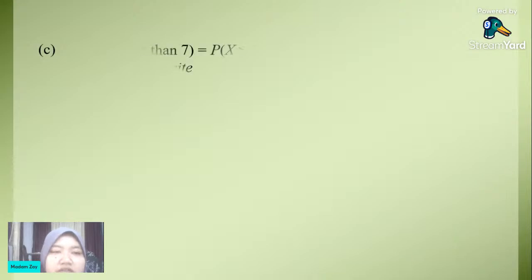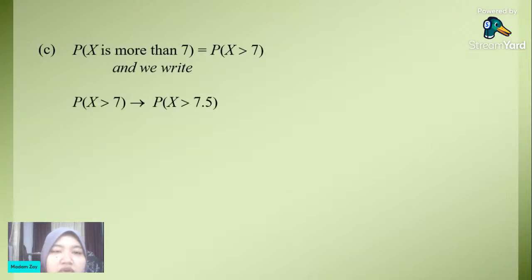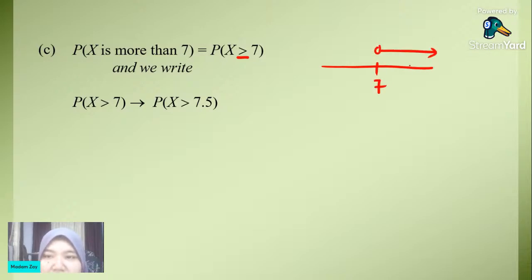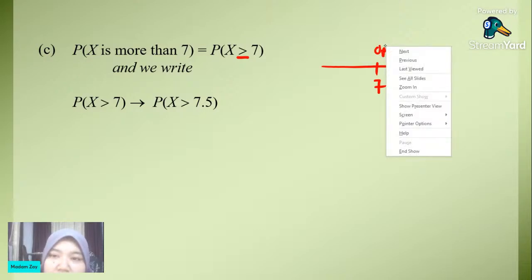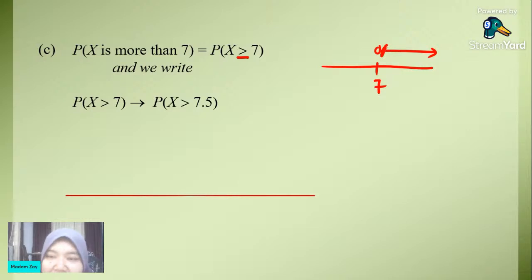Okay, so now for C, probability of x is more than 7. So we rewrite it as x more than 7, greater than 7, not more than or equal, more than only. We don't have equal sign. So if we want more than 7, it means that 7 is not included. So we have to make sure 7 is not included. So we cut the line. Why? Because we have to make sure 7 is not included.